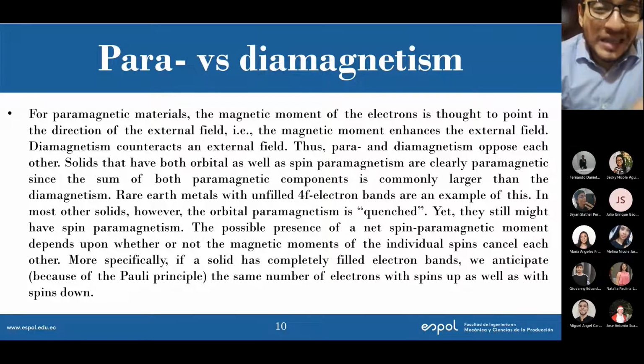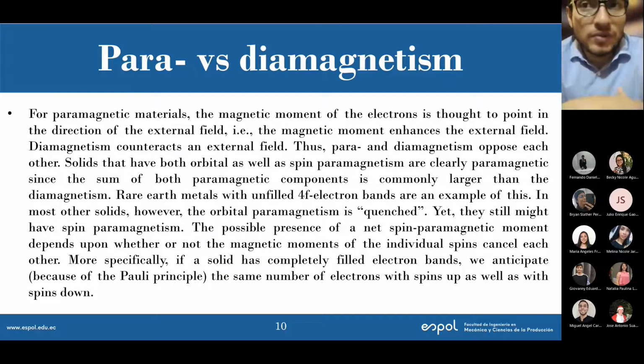So in that case, you can say that the magnetic moment enhances the external field because it's aligning with it. Diamagnetism, on the other hand, counteracts that external field. That's why para and diamagnetism oppose each other. Because in diamagnetism, the spins are aligning in the opposite direction of the external field. So one is enhancing the external field, the other one is counteracting it.